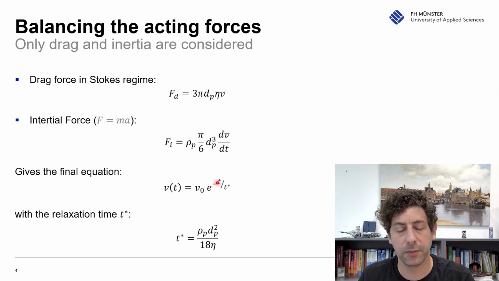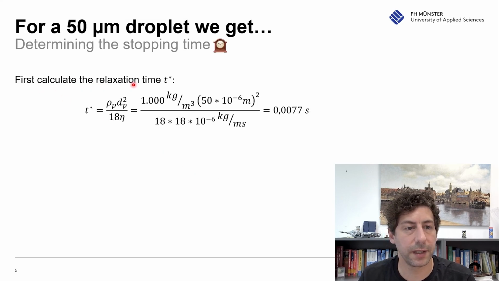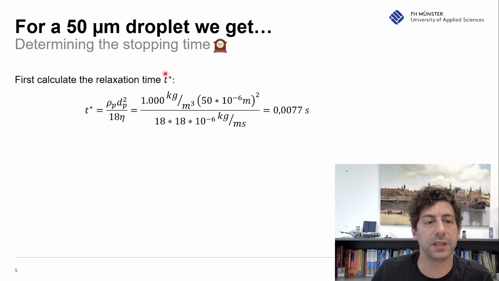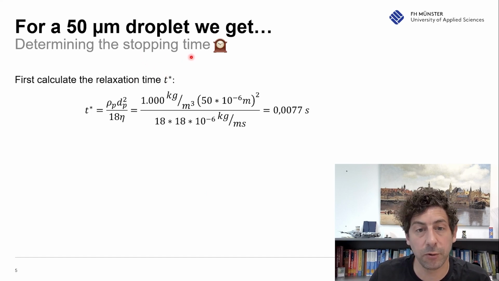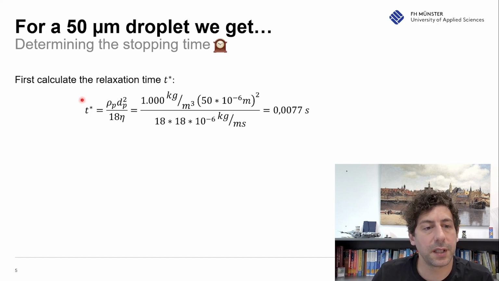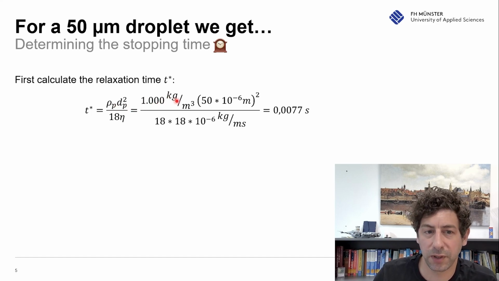So with a 50 micron particle size and with a starting velocity of 20 meters per second, we would first calculate the relaxation time. If I want to see the stopping time, what is the time the particle needs to reach zero velocity, I first calculate the relaxation time t star. The density of the particle for water is 1000 kilogram per cubic meter.